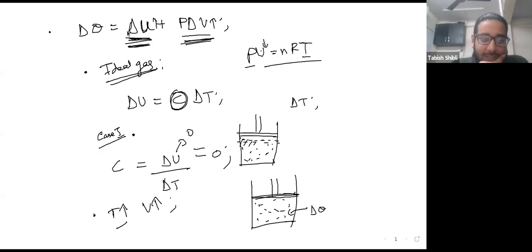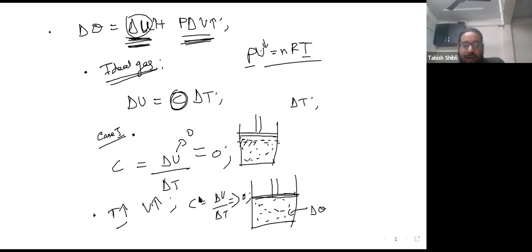So this is actually smaller, right? So C here is delta U by delta T in this case. My delta U is small and my temperature increase is also small. You can have some increase in temperature, so this can be greater than zero.